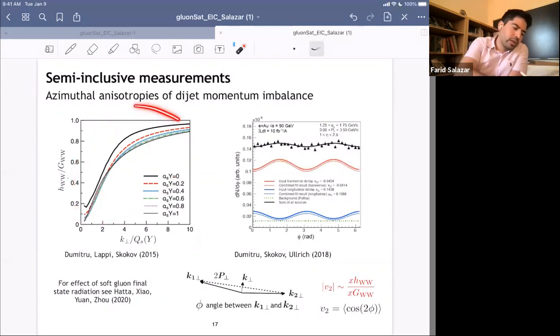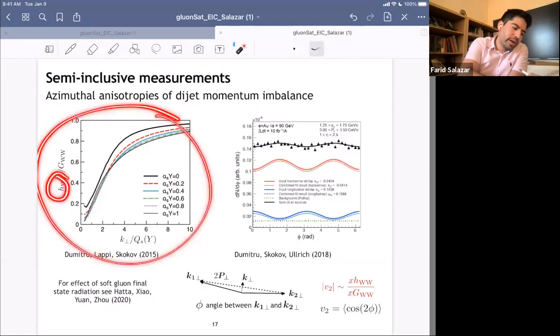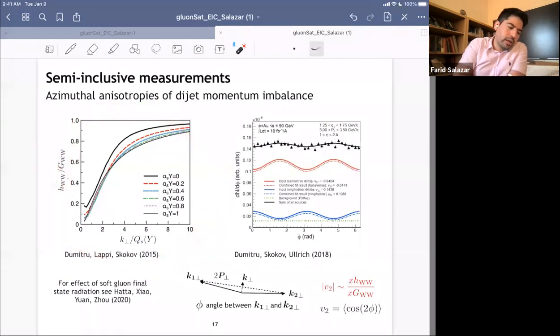So this here shows you the ratio of linearly polarized to unpolarized, and it obeys some kind of geometric scaling within this model, and it grows as you go to larger values of k_T, which is the expected limit of the unintegrated distributions.